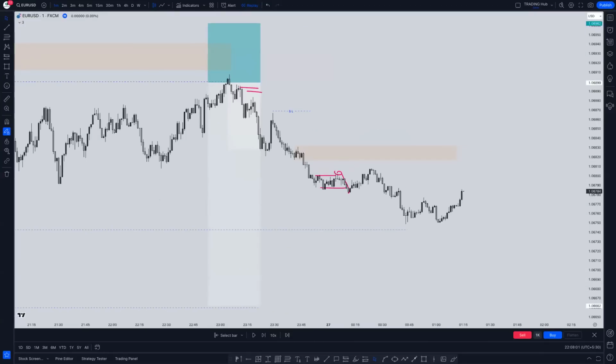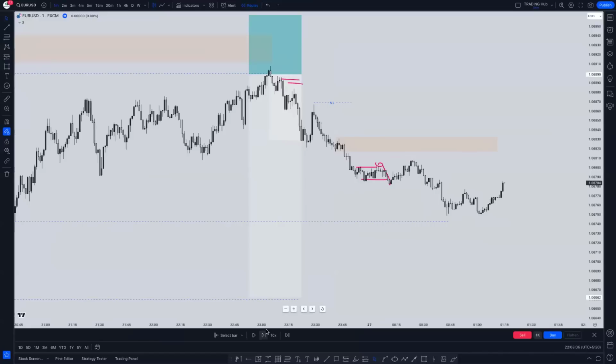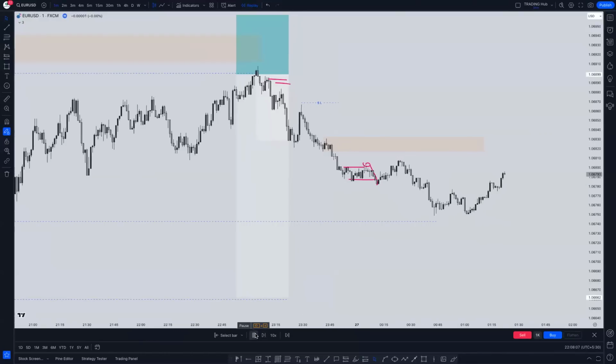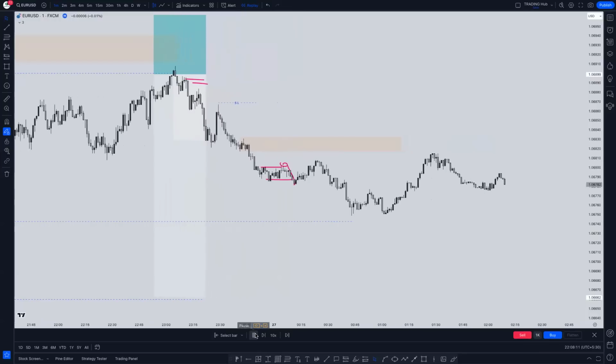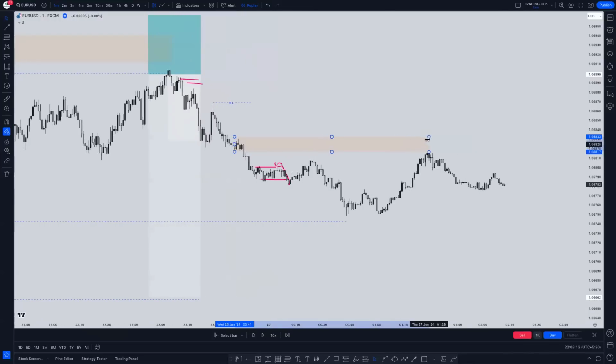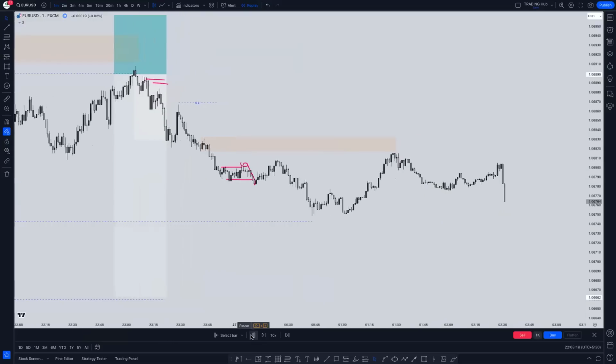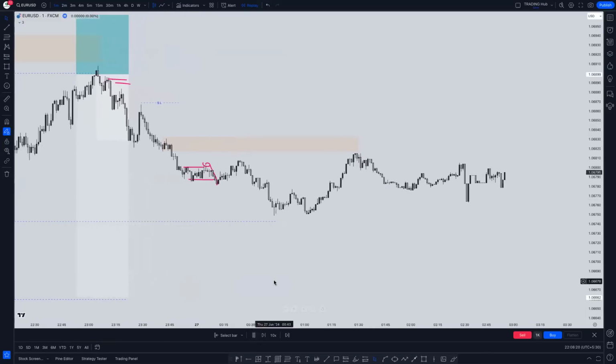Right. So let's see what happened next after this one. Okay. Market starts a correction. I think it did not mitigate here. It's okay. Market is again pushing downside.